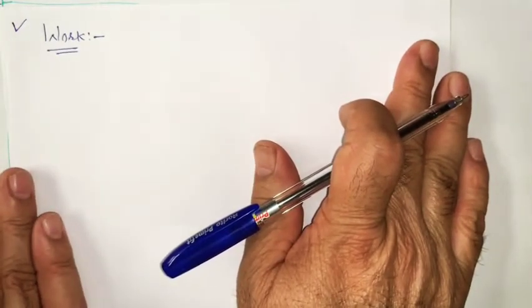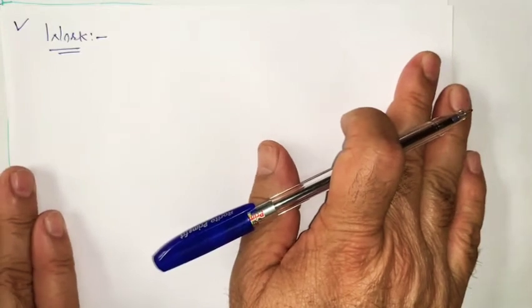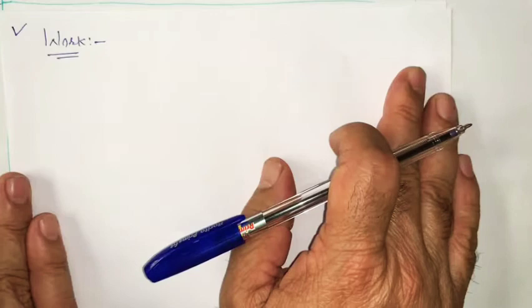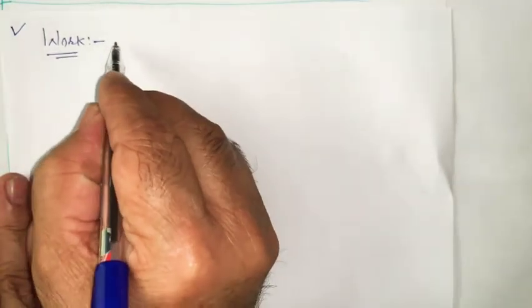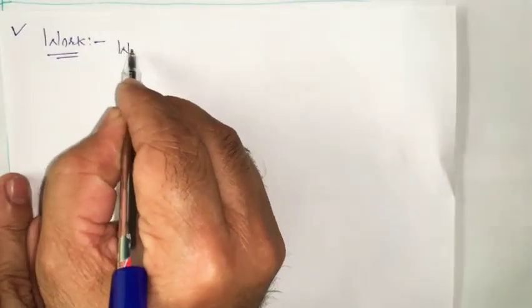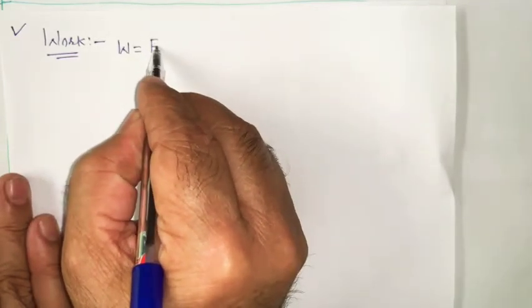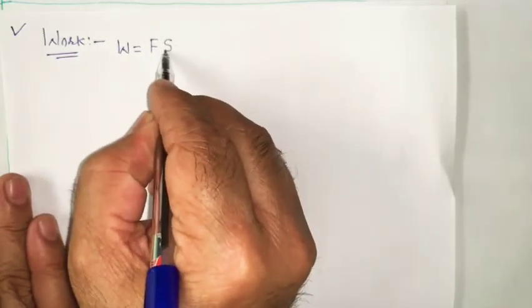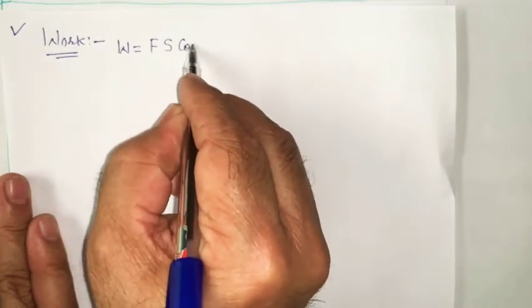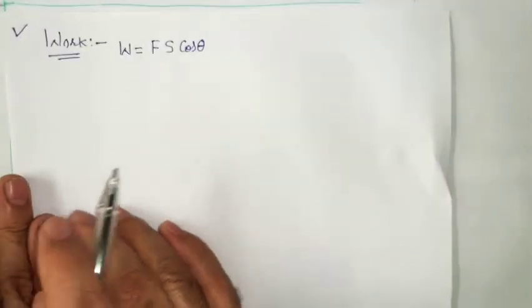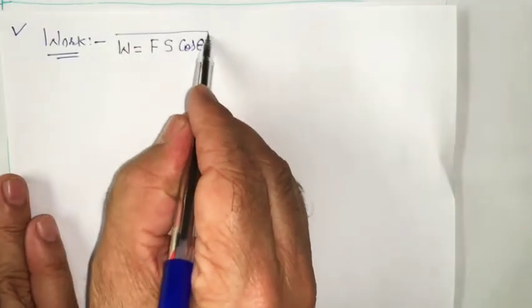If you want to solve the numericals which involve the term work, then you use the formula: work W is always equal to F into S into cos of the angle between F and S. This is the formula for work.